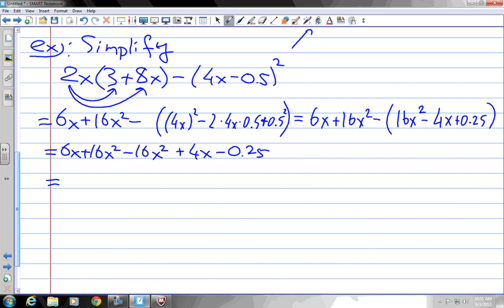So when we combine like terms, something goes away. 16x squared cancels. We have 6x plus 4x, that's 10x, minus 0.25. So that's it.